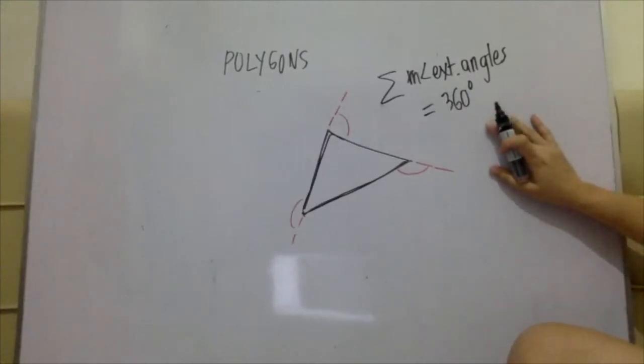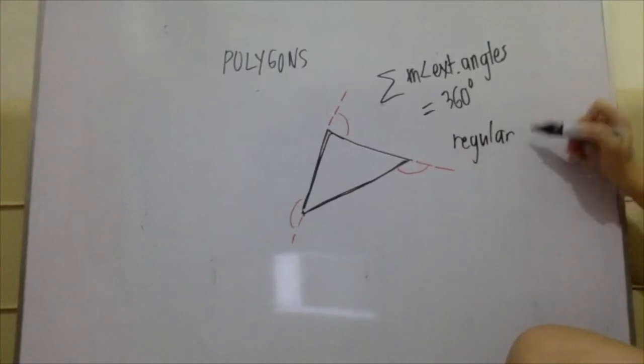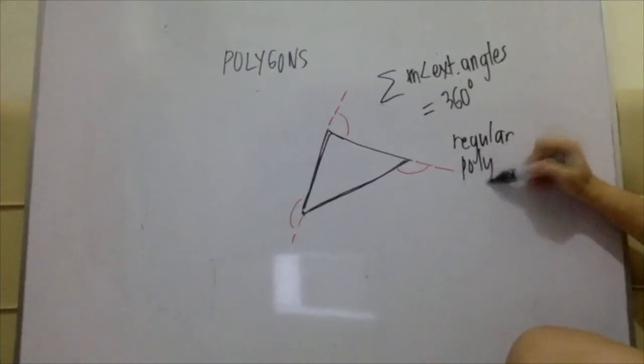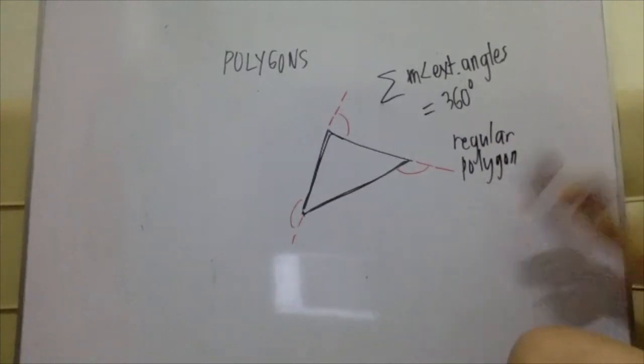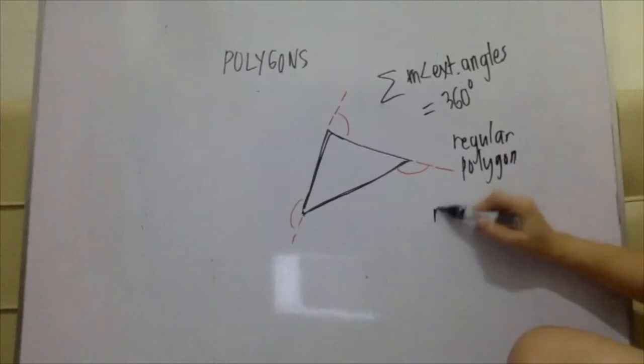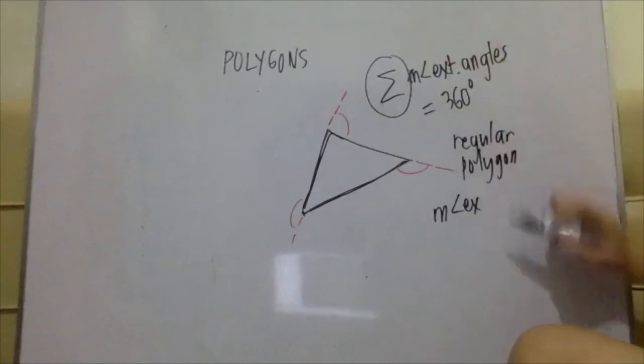So, kapag meron kang regular polygon, for any regular polygon, ang measure ng each exterior angle mo, guys, ito sum, so 360 always.